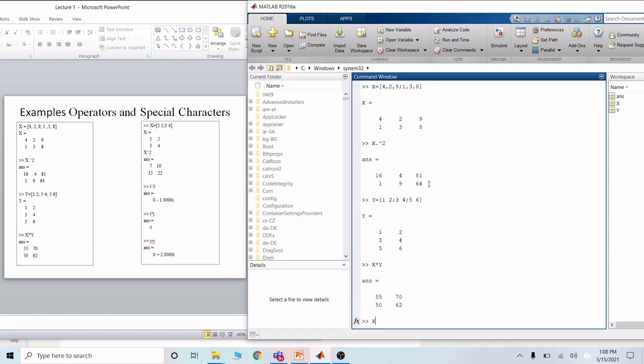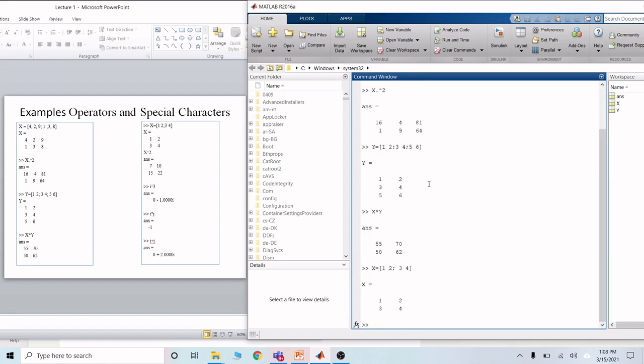Now, I am taking x as 1, 2, semicolon, 3, 4. 1, 2, 3, 4, 2 cross 2. X square. X matrix square: X square means x star x, matrix multiplication. I am using x dot cap 2. This means I am taking the square element-wise.